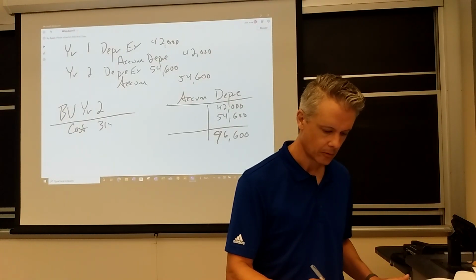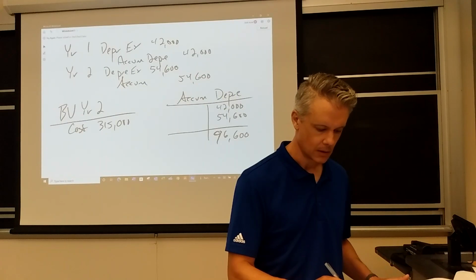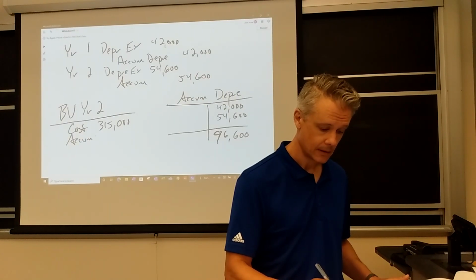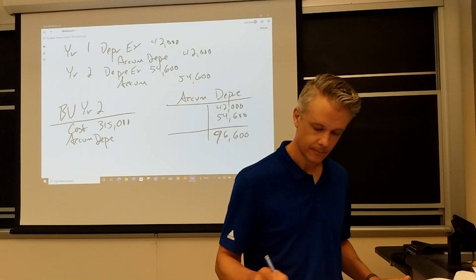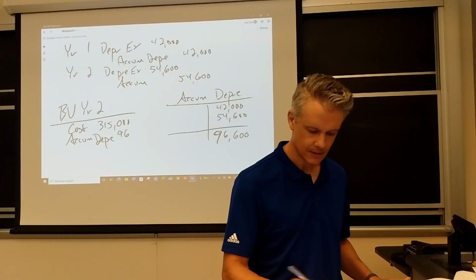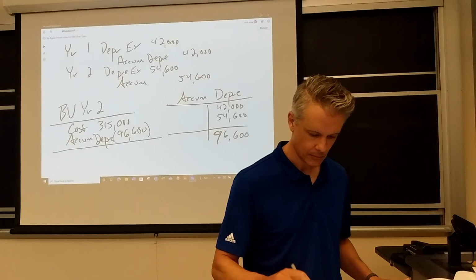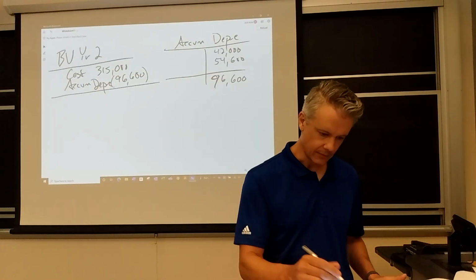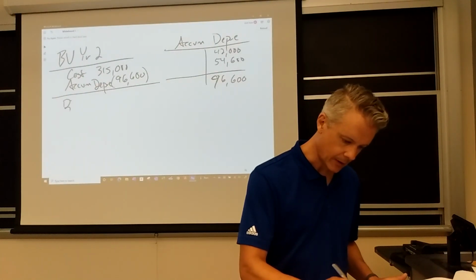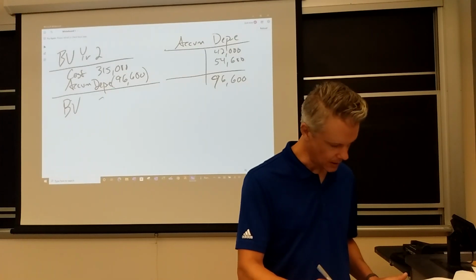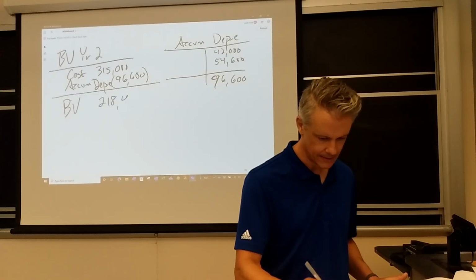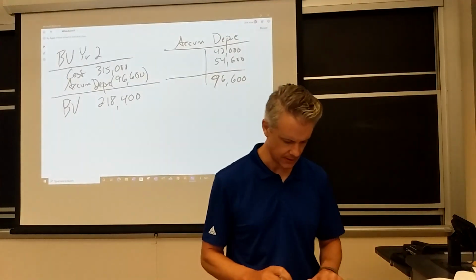Our cost, $315,000. Accumulated depreciation of $96,600 would give us an ending book value of $218,400.